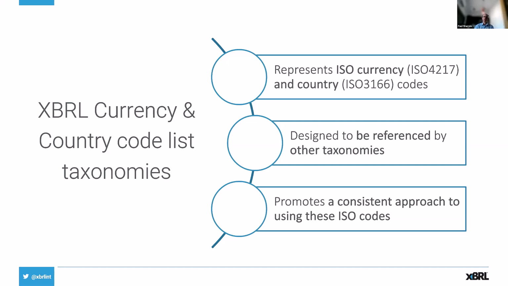And of course, the advantage of doing this is that it gives a consistent approach across different reporting taxonomies. It means that countries and currencies are reported in a consistent way, and it also allows you to remove the maintenance burden of keeping on top of updates in these ISO code lists. And I'll talk a little bit more about that in a moment.